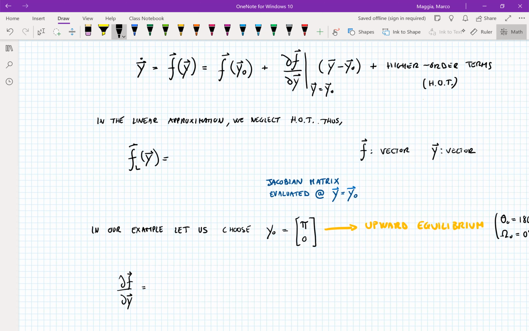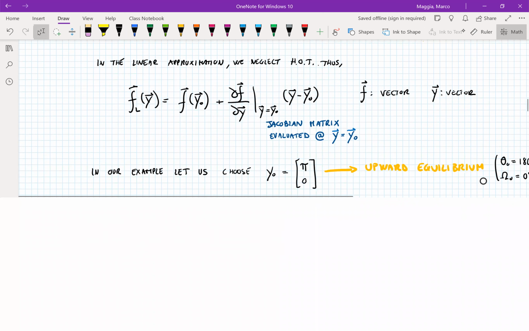That is equal to the function evaluated at our reference point plus df over dy evaluated at the reference point times y minus y naught.